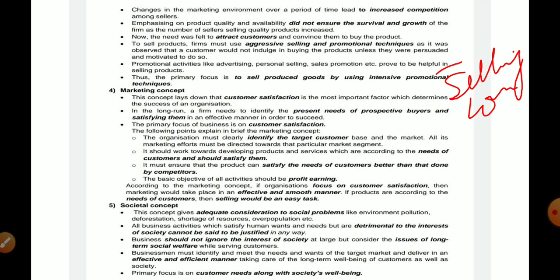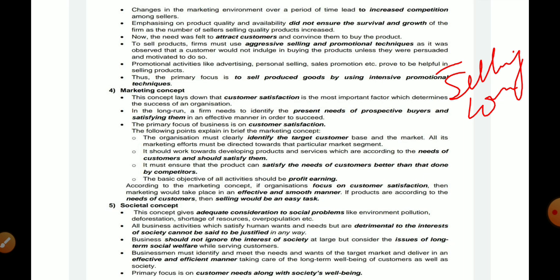So, this concept suggests that the interest of society cannot be ignored. The long-term societal welfare activities and the effective and efficient use of resources matter, because it is the main asset of the customer.